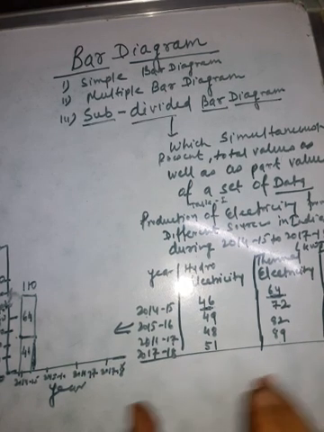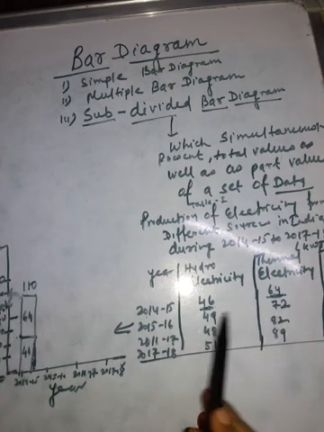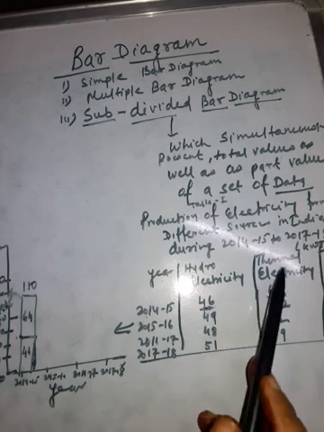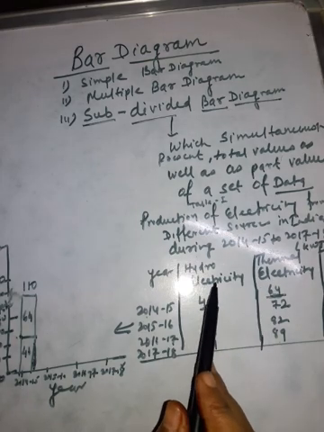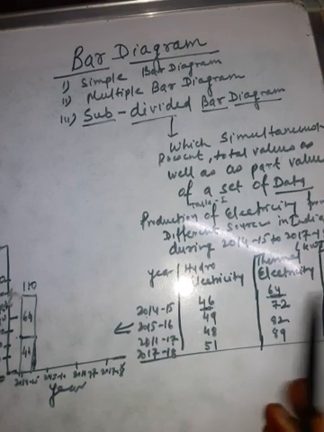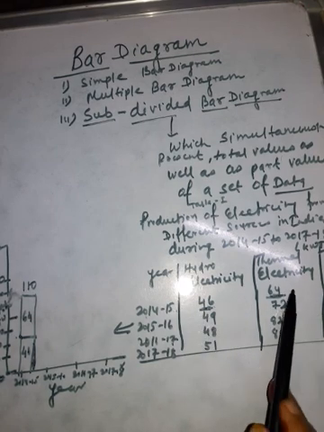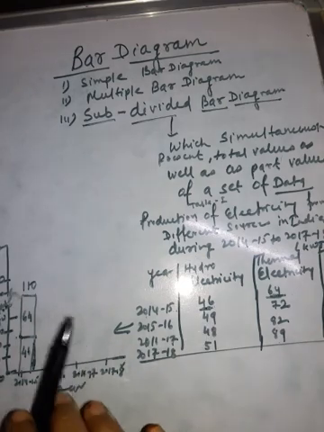So in that case you will form a subdivided bar diagram, and in one bar you will add both. 46 kilowatt of electricity is generated with hydroelectricity, 64 is thermal electricity, and total production in 2014-15 is 110.